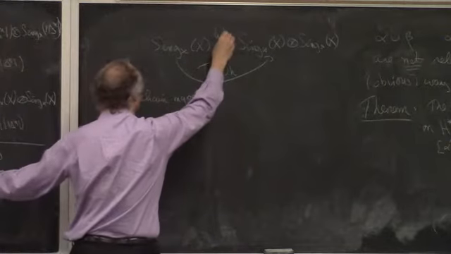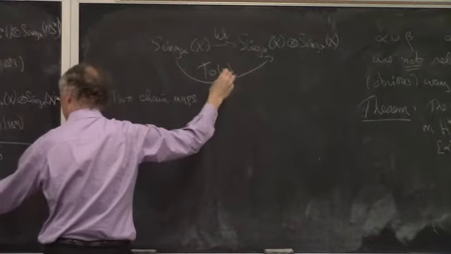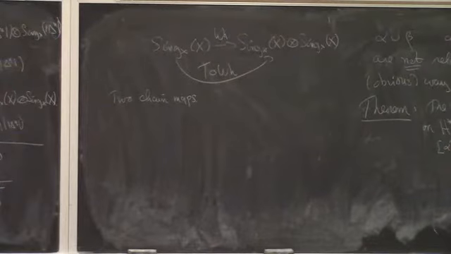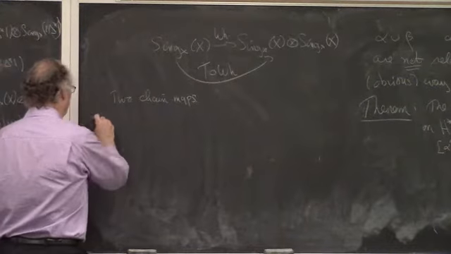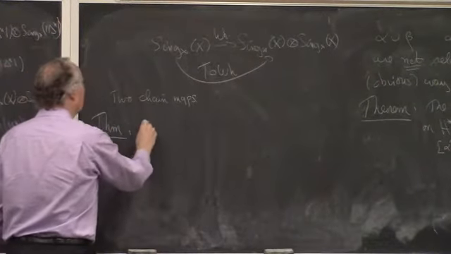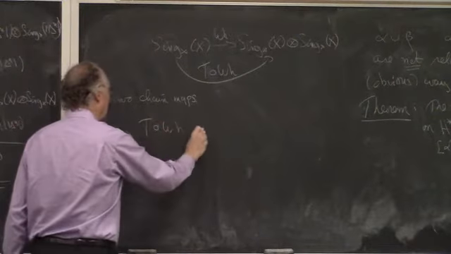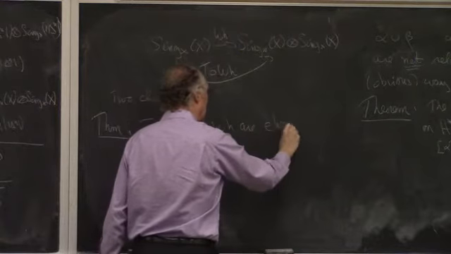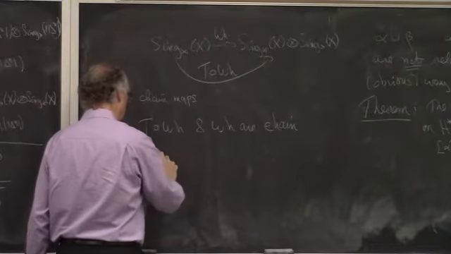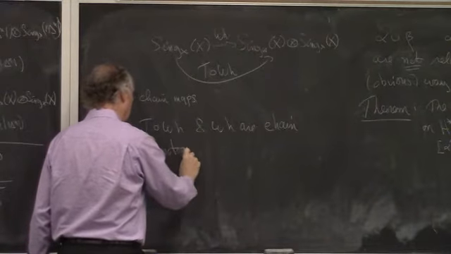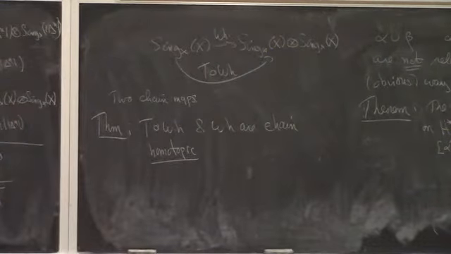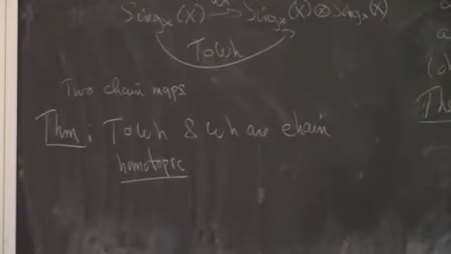The lemma tells me this is a chain map, and the fact that T is also a chain map then follows that the other one is a chain map. So two chain maps, and the theorem is T composed Whitney and Whitney are chain homotopic. This is the analog in the category of chain complexes of homotopy for topological spaces.